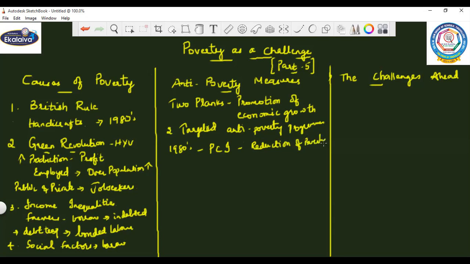But later on, after the 1980s, you can see a slight increase in per capita income, and this encouraged some people to send their children to school, including the girl child.